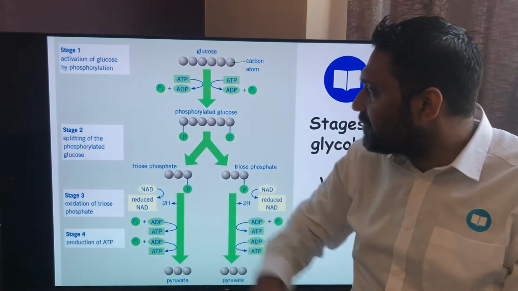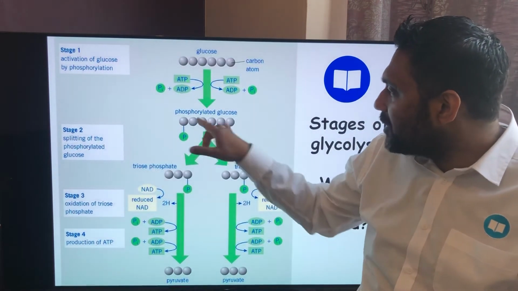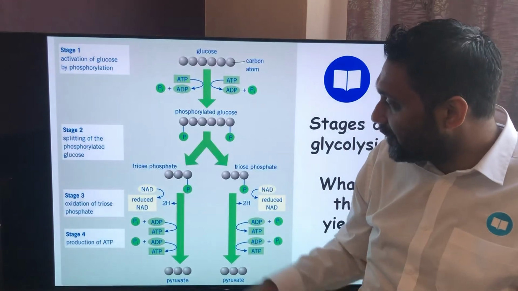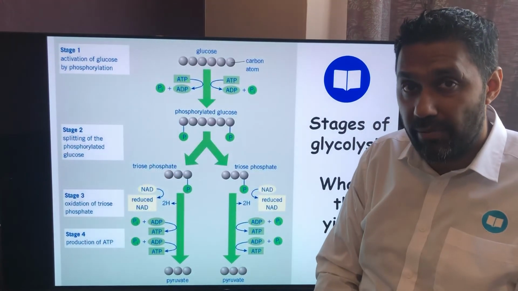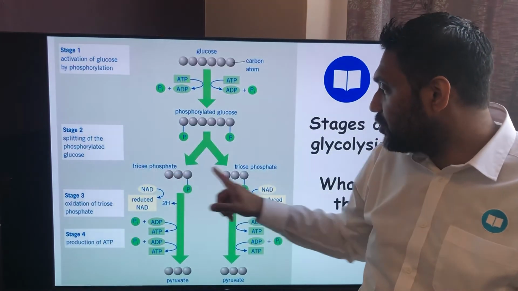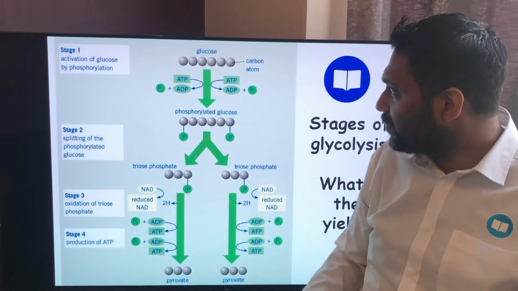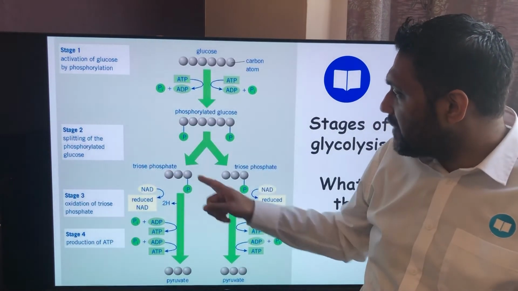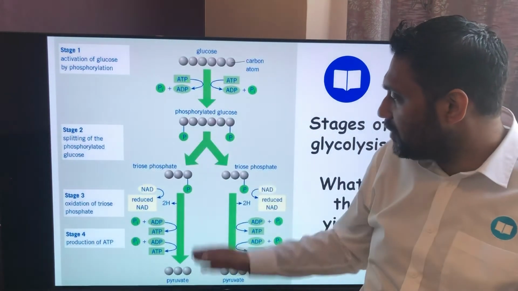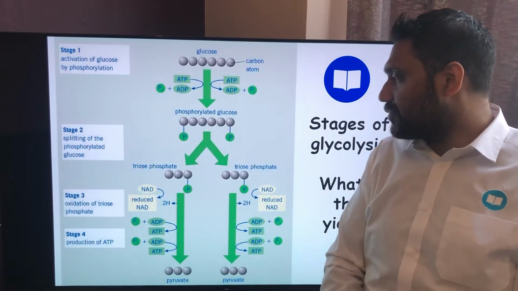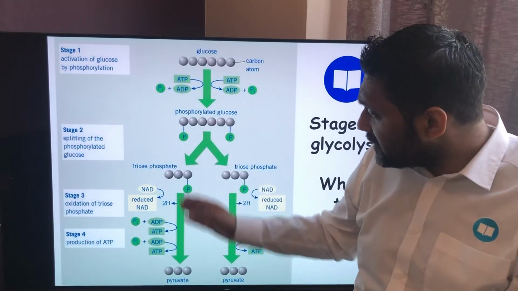I'm going to split the phosphorylated glucose, and I end up with a compound that you've probably heard of from photosynthesis, my triose phosphate molecule. Remember my TP? There you go. I've got my 2 triose phosphates, and because one glucose molecule can make 2 triose phosphate molecules, therefore I've got 2 little flow charts there going on, little assembly lines.